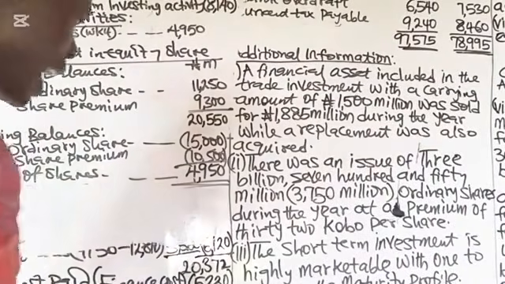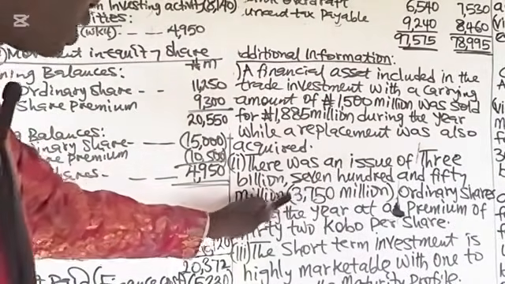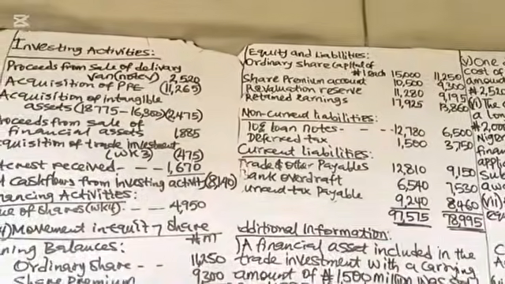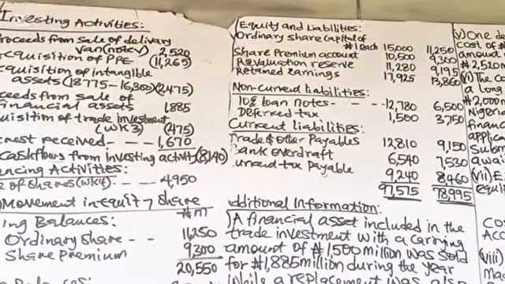So meaning that, this is the share issued. The par value of ordinary share is 1 naira.